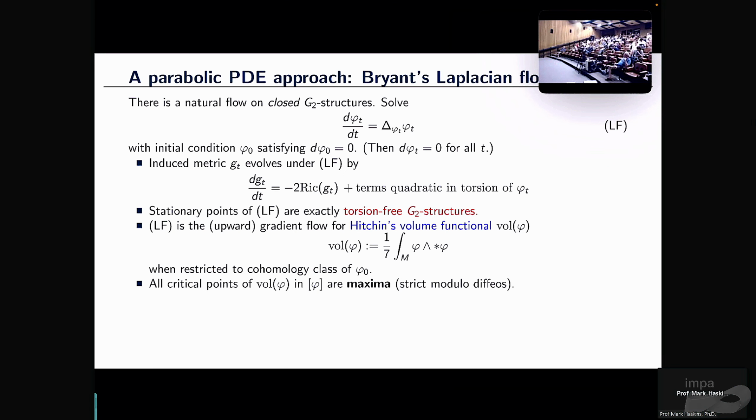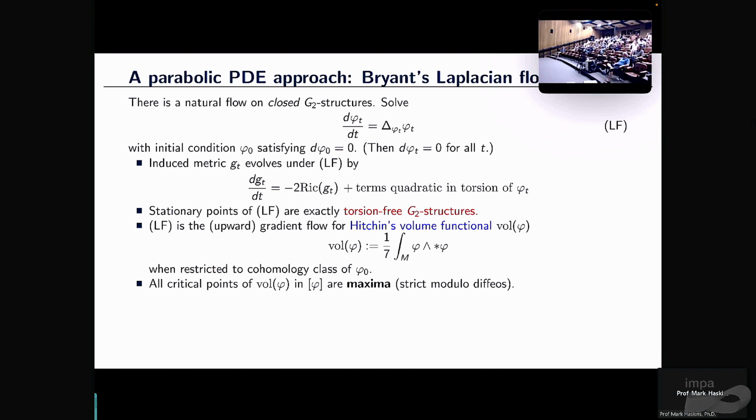We just take phi, wedge with star phi, normalize by some convenient constant, and integrate that over a compact manifold. That's the Hitchin volume. Now we can start with some closed structure phi 0 and consider variations within the same cohomology class, and then Laplacian flow can be seen to be the upward gradient flow for this Hitchin volume function.